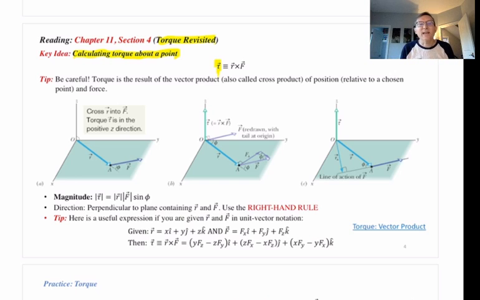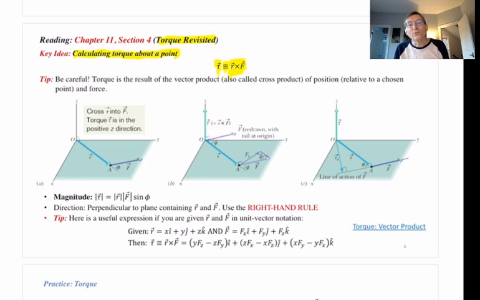And you calculate tau arrow about a point, by definition, by taking the vector product of the position vector that points from the specified point out to where the particle is, crossed into the force vector, R cross F. Vector product of R cross F. Note the order, R cross F. This is the definition of torque.